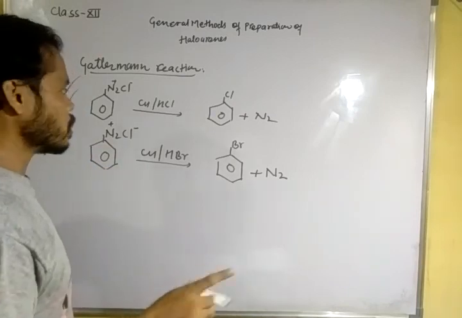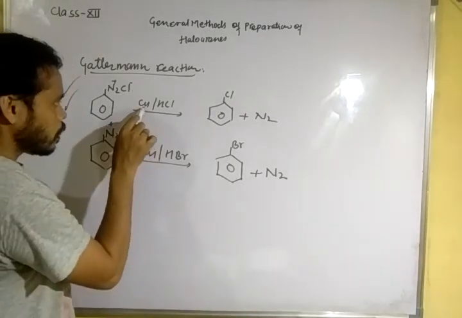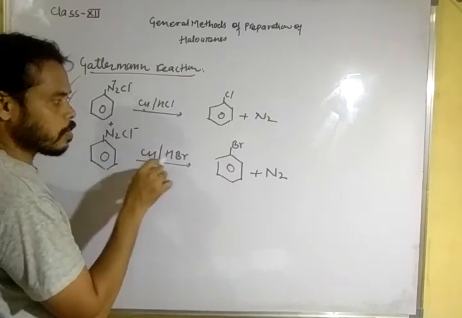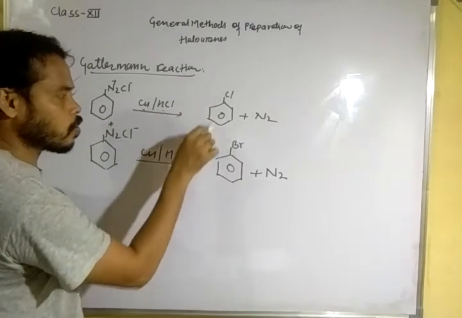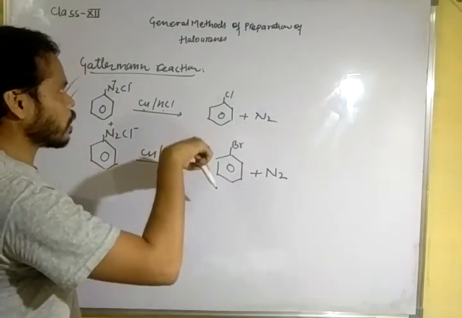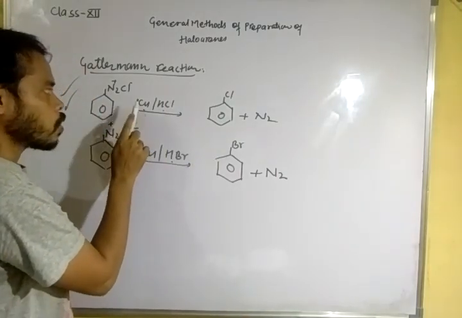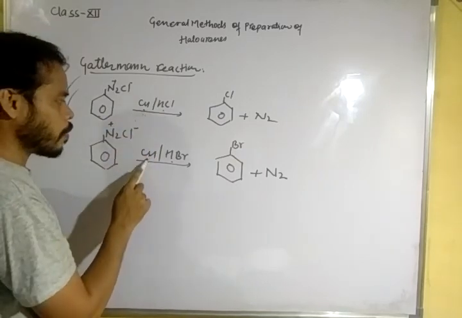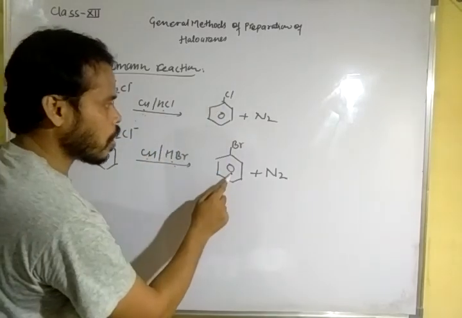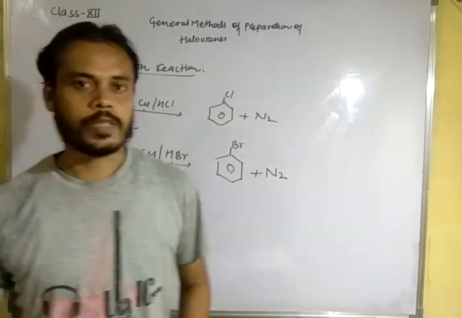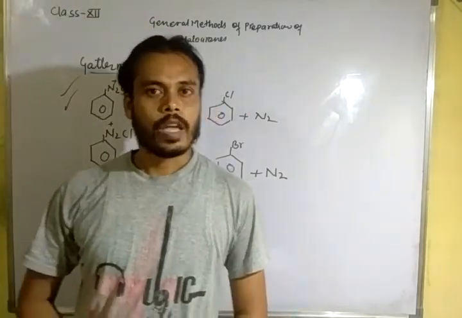In Sandmeyer reaction, you have seen that cuprous chloride or cuprous bromide is taken in the presence of HCl or HBr to form chlorobenzene and bromobenzene. But in Gattermann reaction, benzene diazonium salt is treated with copper powder in HCl or copper powder in HBr to form chlorobenzene or bromobenzene. So we have finished the general methods of preparation of haloarenes.